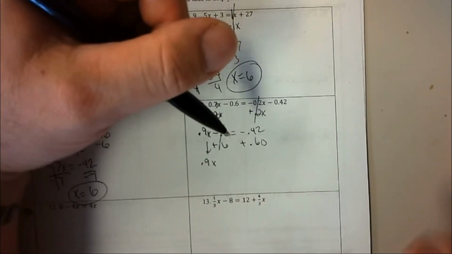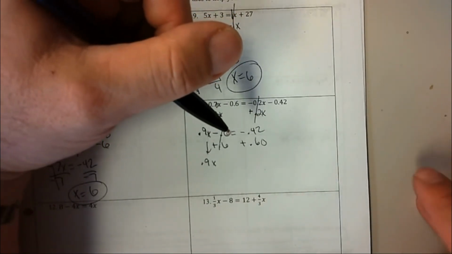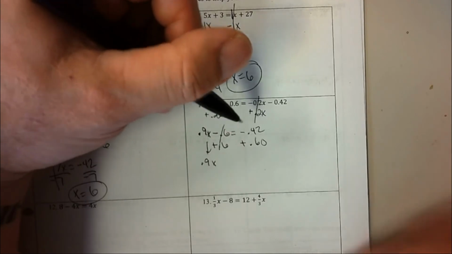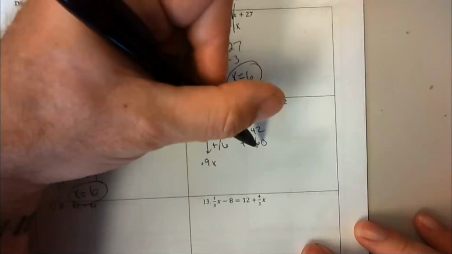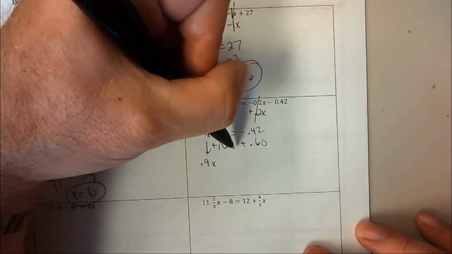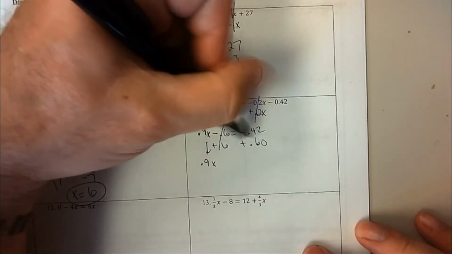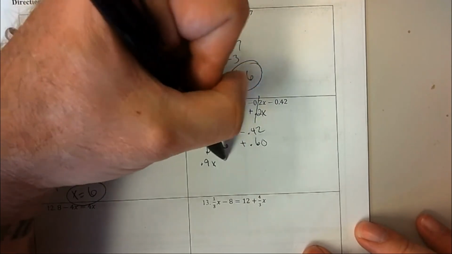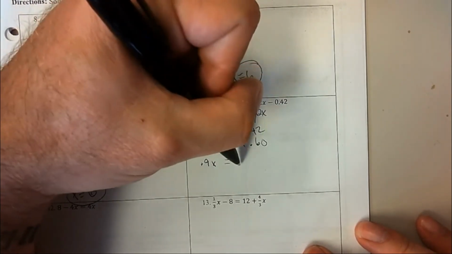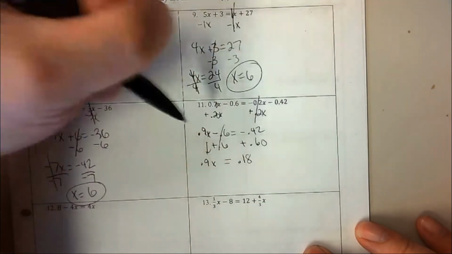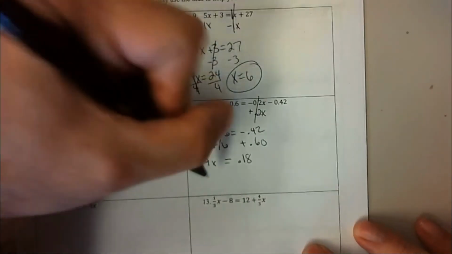And what looked kind of challenging at first is a little bit easier when you think of it as money. So if you think of like you owe 42 cents, but yet you get 60 cents, what's the end result? Well, you're going to have more positives, so you're going to have some money there. And then 60 cents take away 42 cents is going to give you a positive 18 cents.